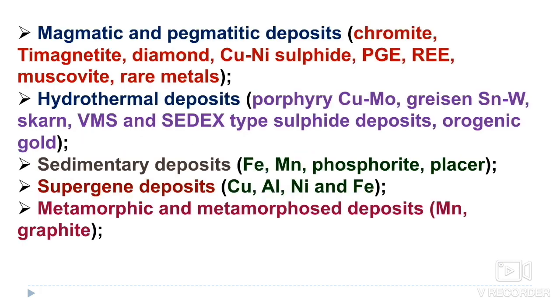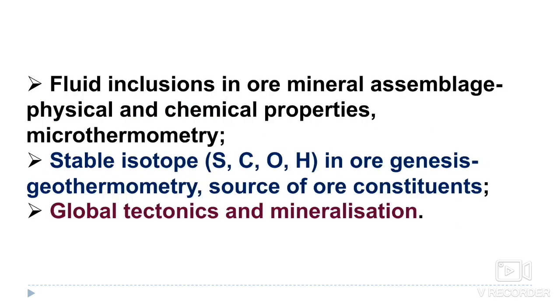Fluid inclusion in ore mineral assemblages, physical and chemical properties, and microthermometry, that is also a very important topic. Stable isotopes, in which you have to study sulfur, carbon, oxygen and hydrogen.